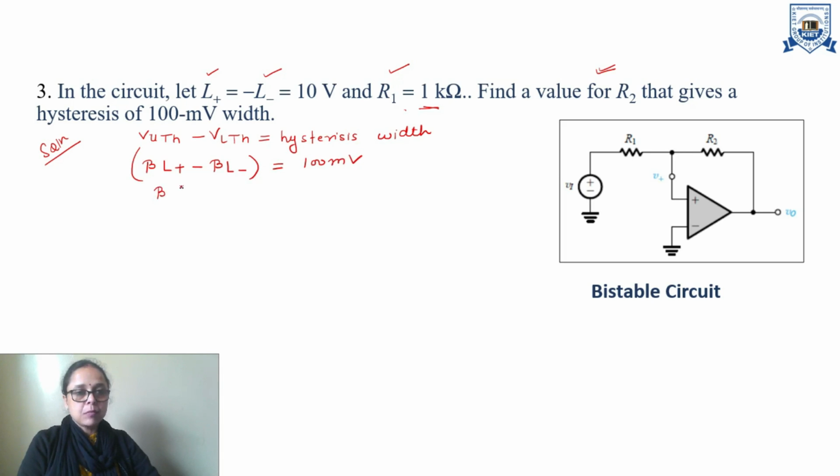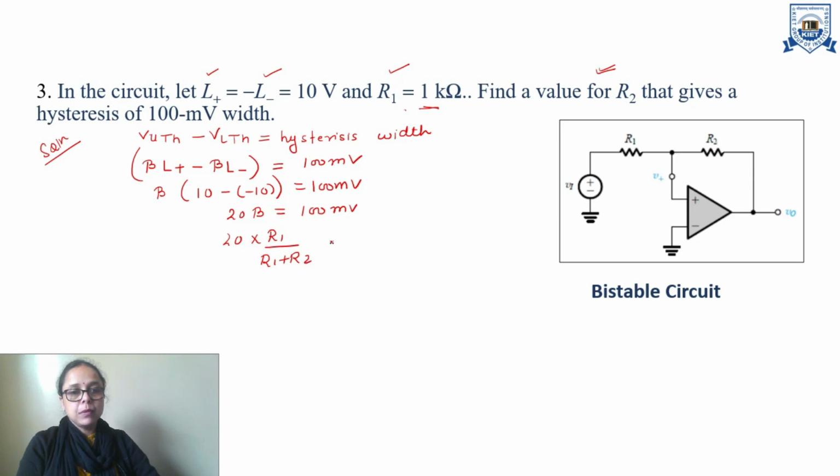Take beta as common and put in the values of L plus and L minus, which are plus 10 and minus 10, and we get 100 millivolts. So 20 times beta is 100 millivolts. Now putting in beta as R1 divided by R1 plus R2, this can be written as R1 divided by R1 plus R2 equals 5 millivolts.